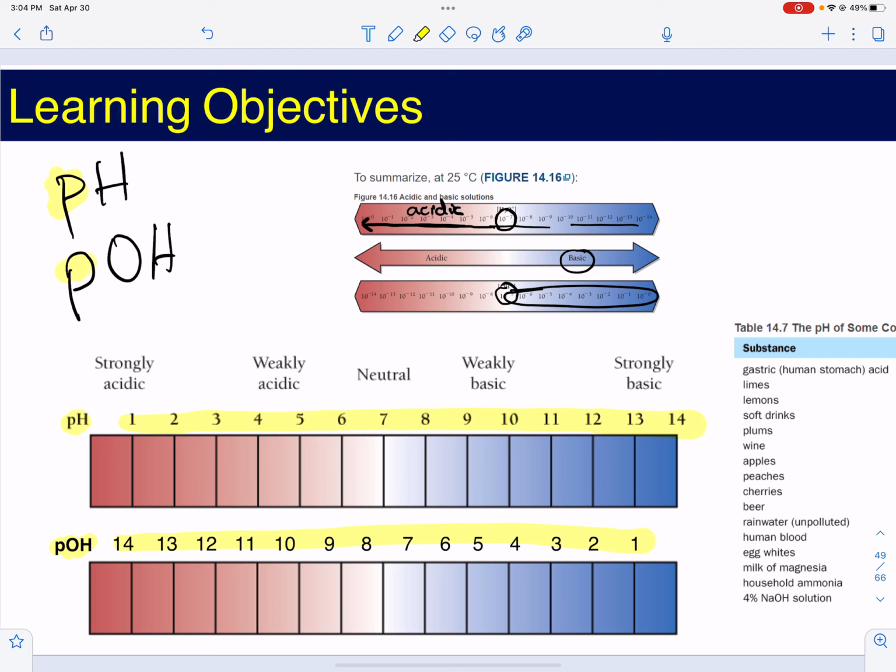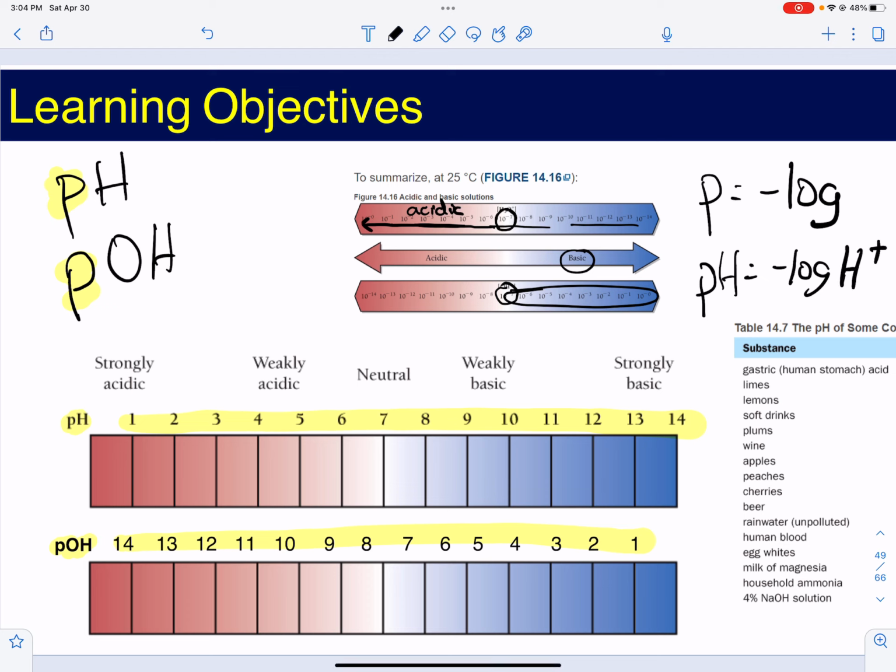They begin with P. The P is just a mathematical function. P is the same as the minus log of whatever we're talking about. So if we say pH, we're talking minus log of the H plus, or the hydronium.